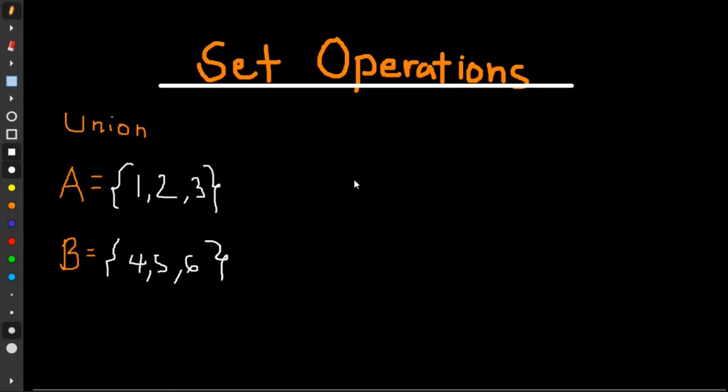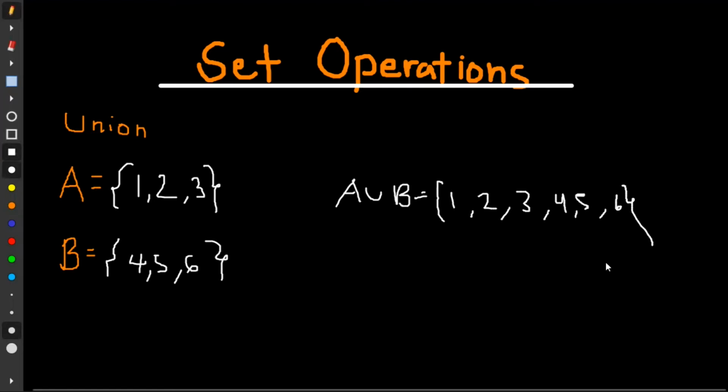If we are asked to find the union of these sets, what we simply do is add the elements in both sets. So in this case we have 1, 2, 3, 4, 5, 6. That's simply 1, 2, 3, 4, 5, and 6, and that's their union.